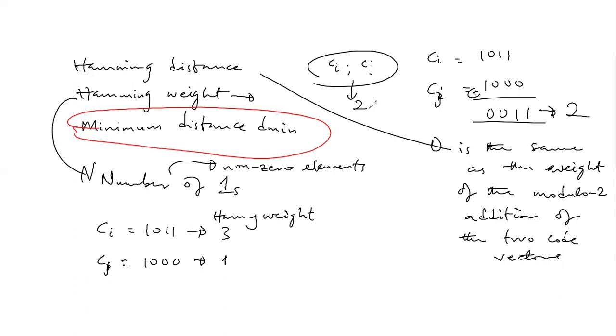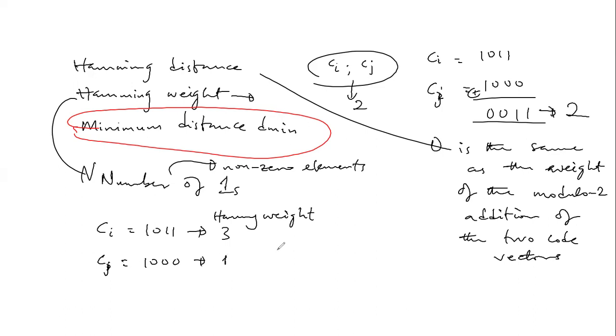Now, if that is clear, then we come to the minimum distance, which is an important metric when it comes to the number of errors that can be corrected or controlled by that code. Here, the minimum distance of a linear block code is the smallest Hamming distance between a pair of code vectors.